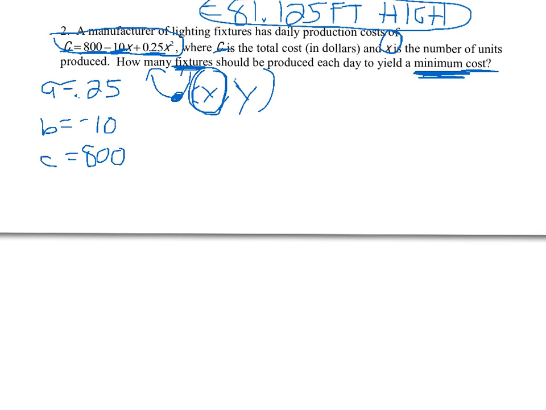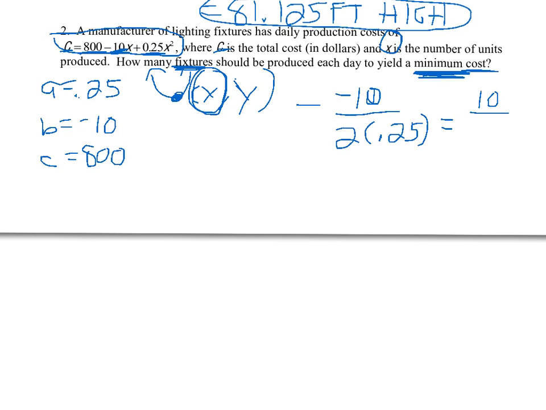The only thing I have to remember is negative B over 2A. That's the main point of this video, negative B over 2A. So if I put in negative B over 2A, I have negative B, which is negative 10, over 2A, so it's 2 times 0.25. When you do that, the negatives cancel out.